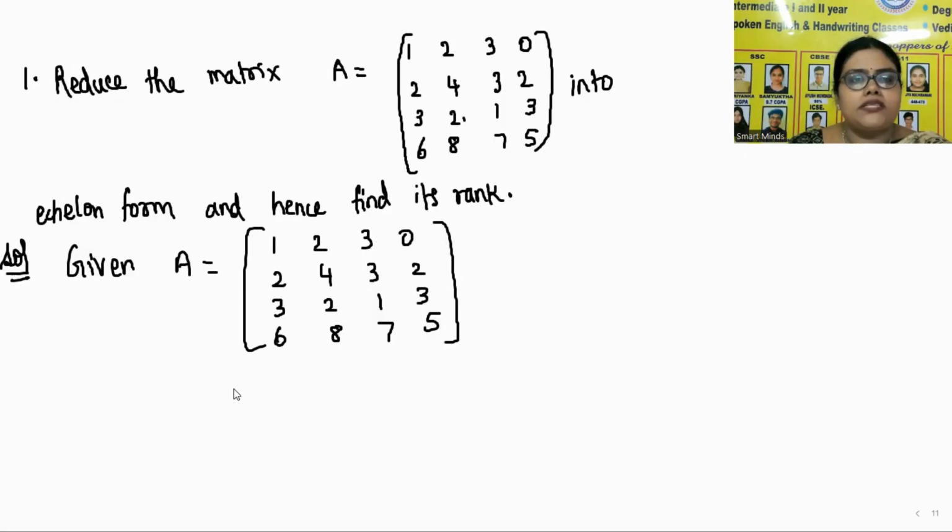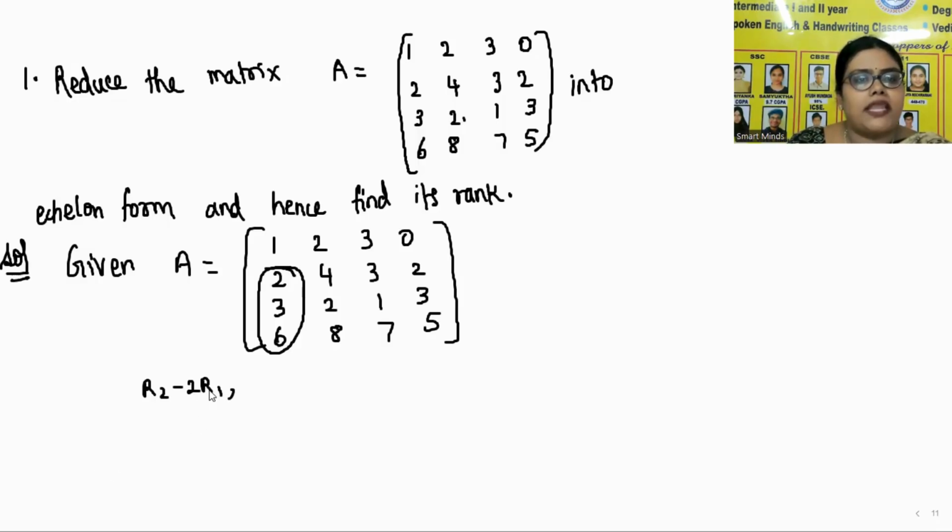Now we want to convert this into echelon form, so we will make these three zeros. How can I make these three zeros with the help of the first row? The first element is 1. Now, 2 minus 2 will become 0, so I should make this 1 into 2. What transformation can I do? R2 minus 2R1. Understood?